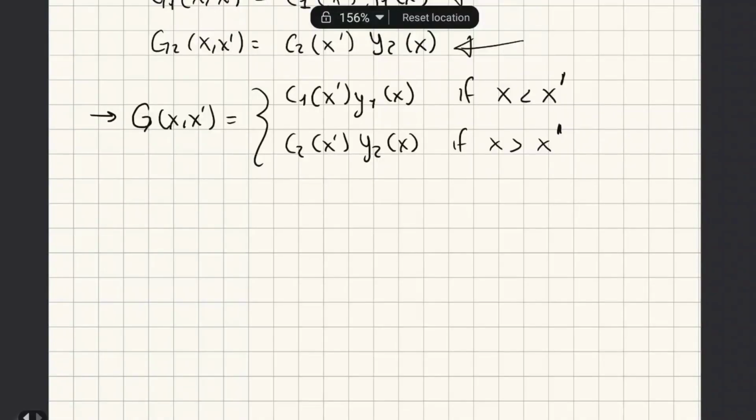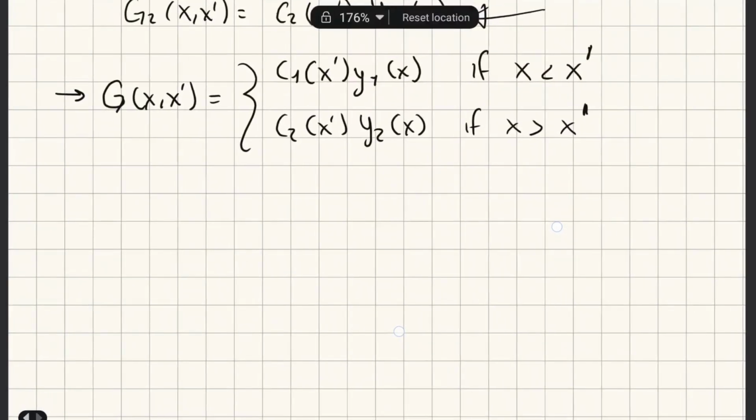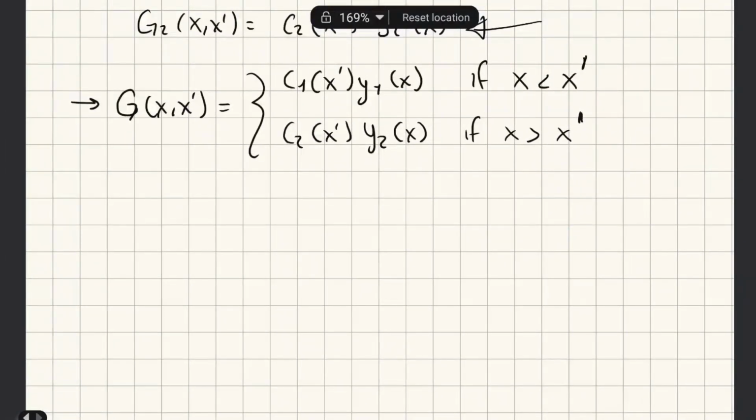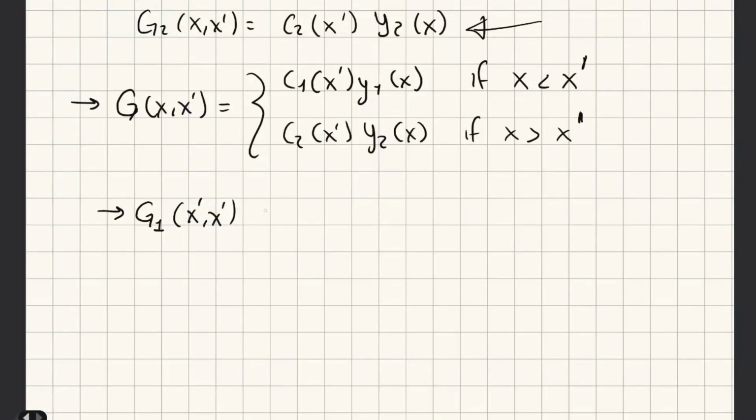We know that at the value x prime, the green function needs to be continuous. So that means that we can evaluate the green function g1 at x prime, and it should be equal to the green function number 2 evaluated at x prime. Okay? So that means that g1 evaluated at x prime comma x prime should be equal to g2 of x prime comma x prime.